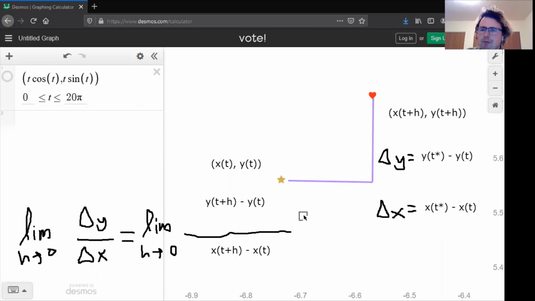Okay. Well, I've got some differences and I've got some quotients, but that's not really what I meant until I have h's in my denominator. I would like an h to be dividing both of these differences.